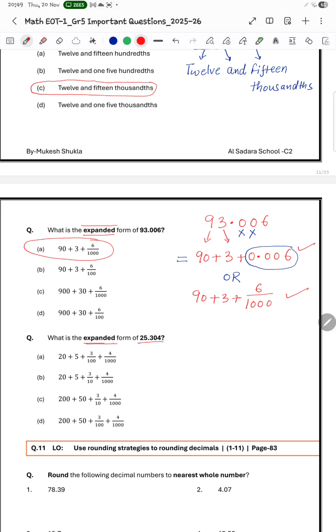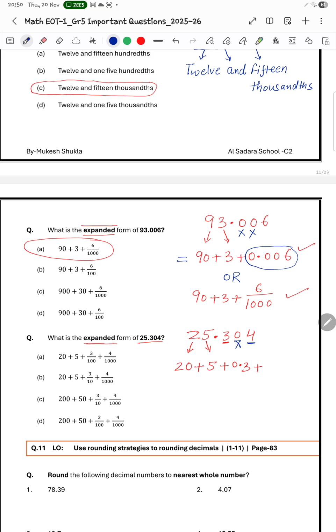Similarly, let's take another question. It is 25.304. So let's decompose using place value. So this is on tens place, so it will be 20 plus this is ones place 5 plus this is what, 3 tenths place. 3 is at tenths place, so I will write 0.3 plus here it is 0, so no need to say 0, it will go away.